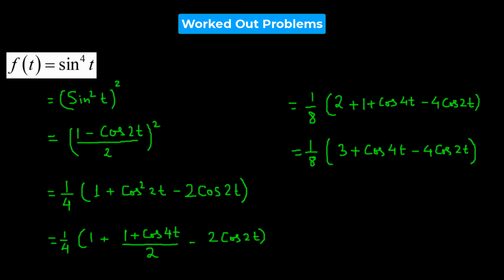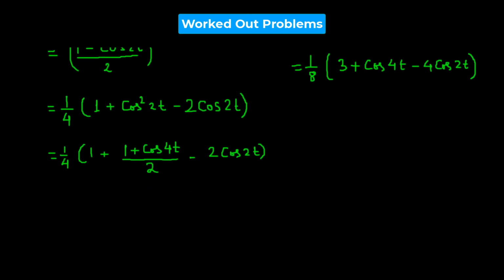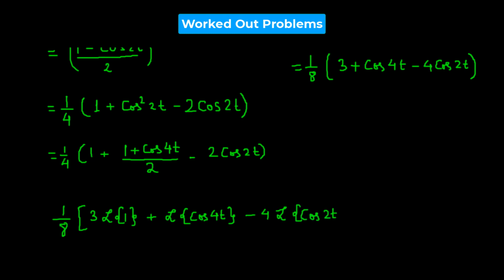So now we're going to apply the Laplace transform to this particular function. So we get 1 over 8 multiplied by 3 times the Laplace transform of 1 plus the Laplace transform of cosine of 4t minus 4 times the Laplace transform of cosine of 2t.